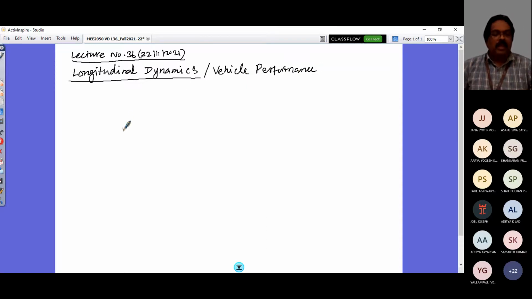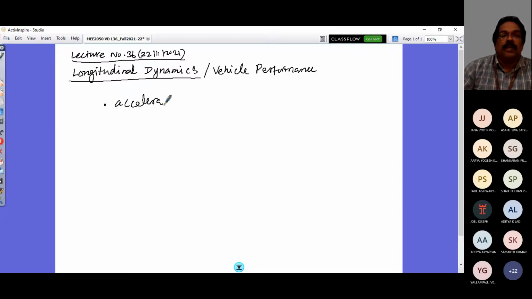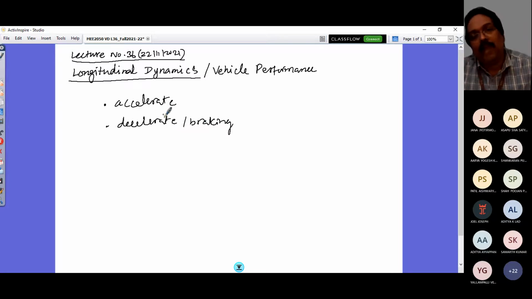When I say vehicle performance, as I said, it depends upon how well the vehicle can accelerate, or decelerate, or brake. What do we mean by deceleration? If you are reducing the acceleration, that's called deceleration.